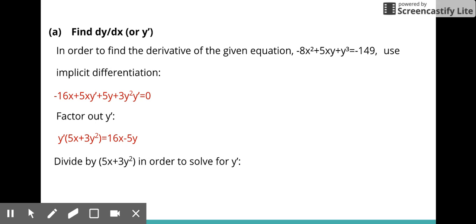Then we divide 16x minus 5y by 5x plus 3y squared in order to solve for y prime. So y prime is equal to 16x minus 5y divided by 5x plus 3y squared. That's going to be our derivative, or dy/dx.